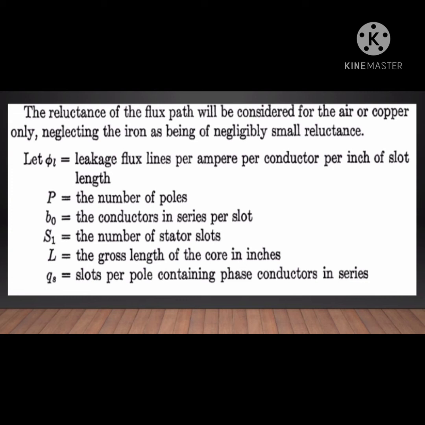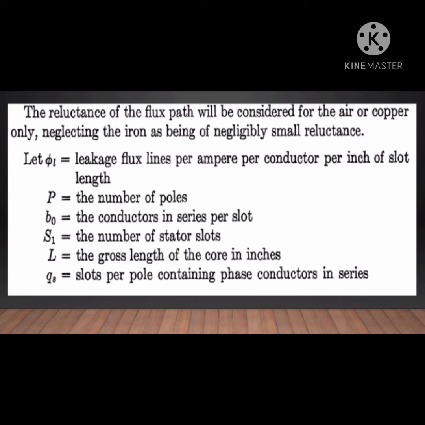So, sa pagso-solve natin ng reluctance dun sa flux, kino-consider natin lang sa air or copper. Kasi kapag kinonsider natin dun sa iron, magiging small lang yung reluctance and parang binabaliwala na lang yun.